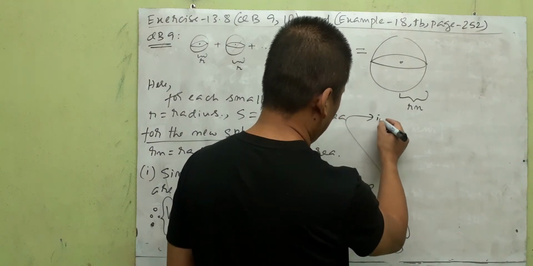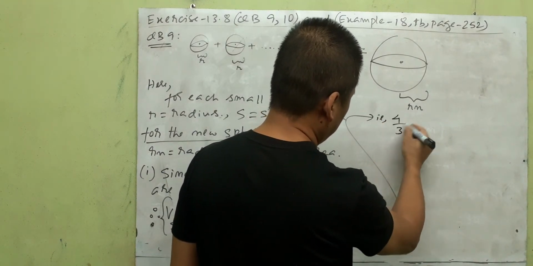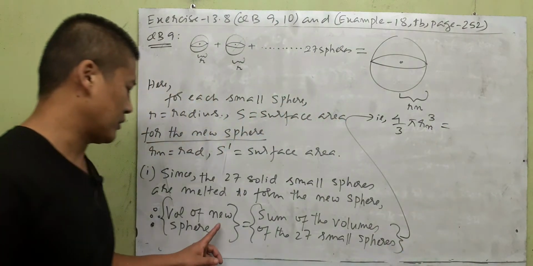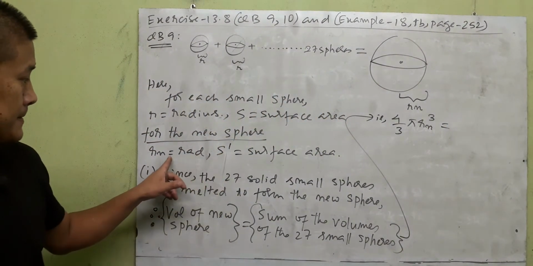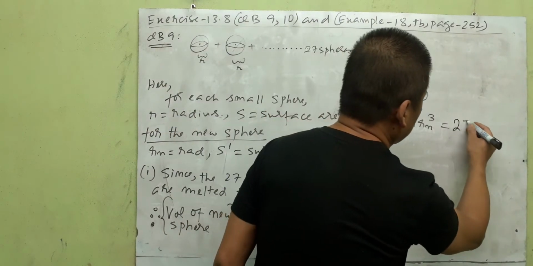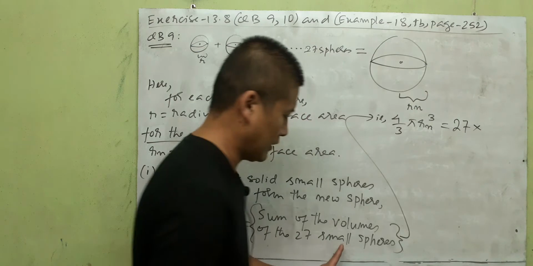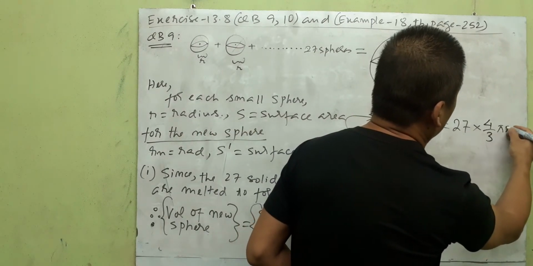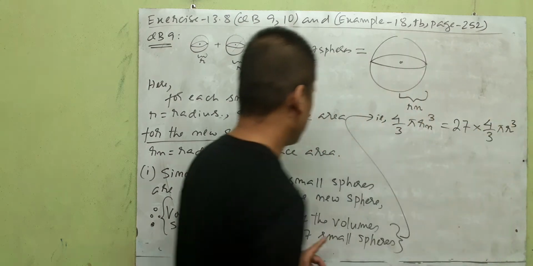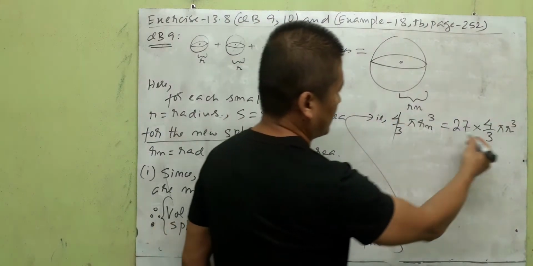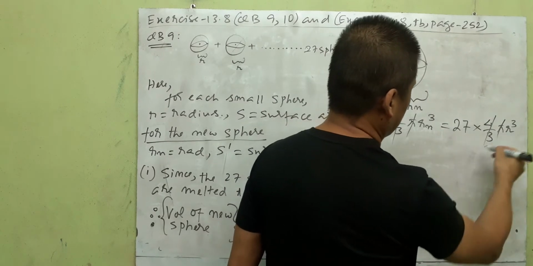So that implies 4 by 3 pi Rn cube, because the radius of the new sphere is Rn, will be equal to 27 times the volume of one small sphere, which is 4 by 3 pi R cube, because the small one has radius R. We can cancel 4 by 3 and 4 by 3, and pi can cancel.